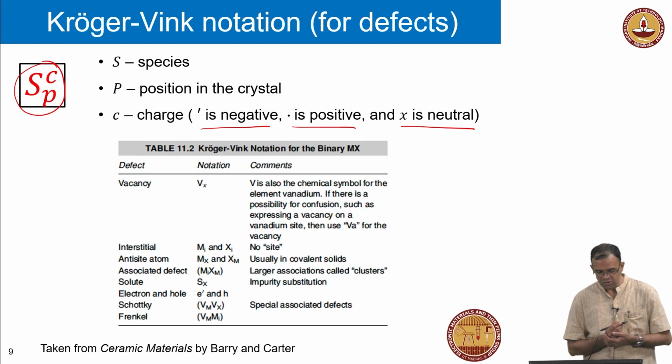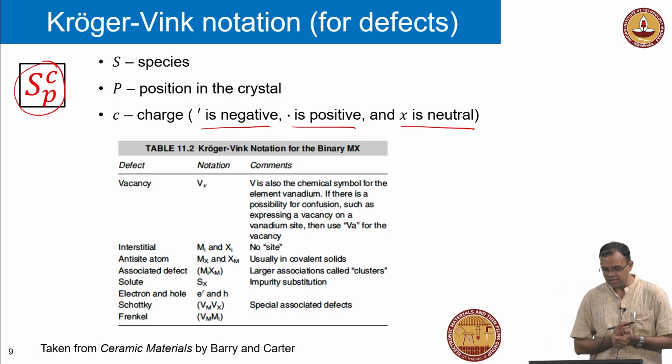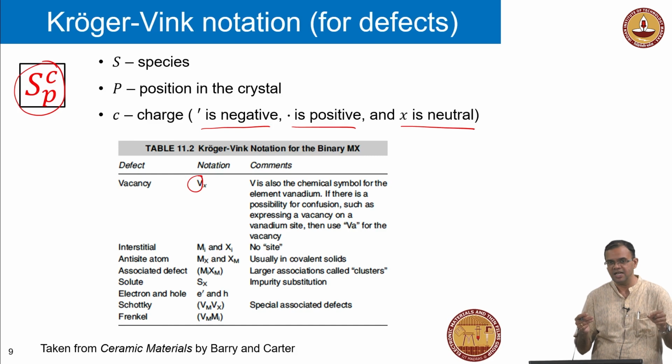So there are various notations. For example, let us say I have a vacancy. Vacancies are usually denoted by V. So V here represents the vacancy. The position of the vacancy could be either in a metal site, in which case you will say Vm, or it could be in an X site, in which case you have V_X, and then depending upon the charge created due to the vacancy, you can have positive, negative and so on.